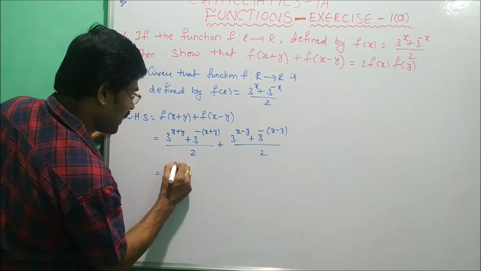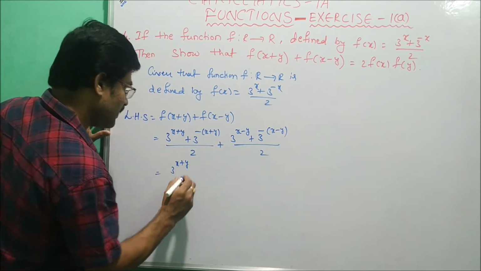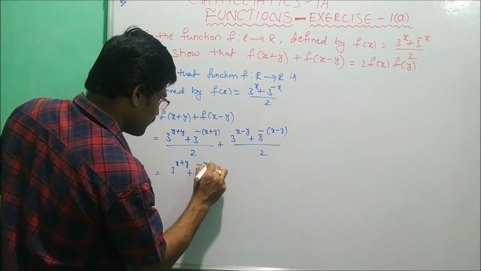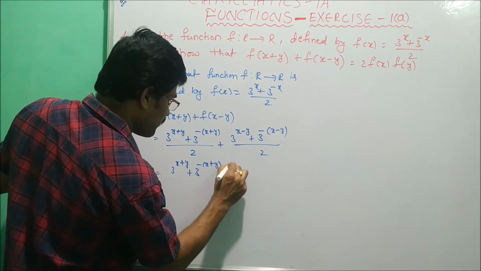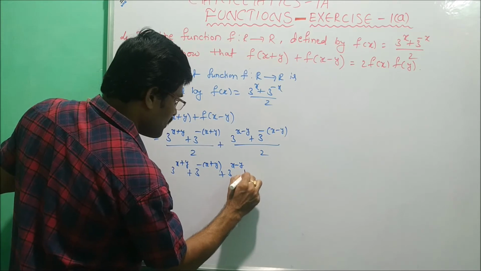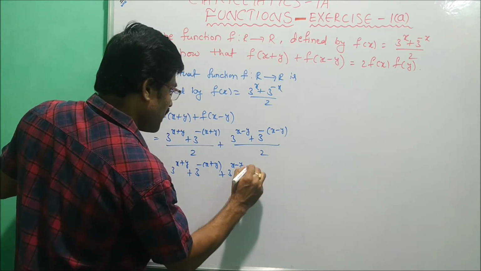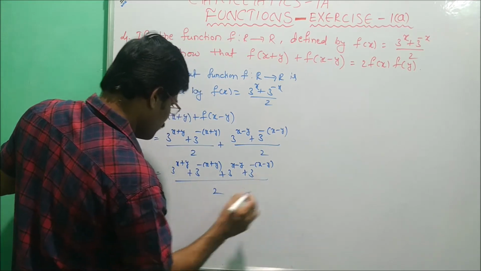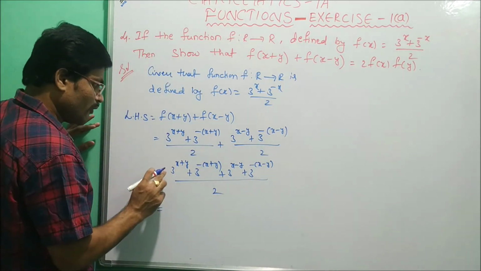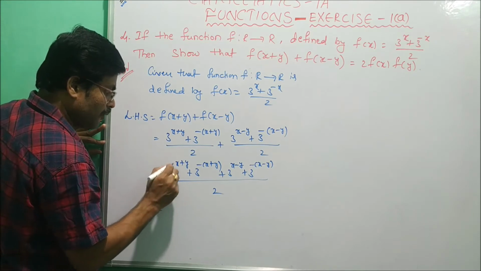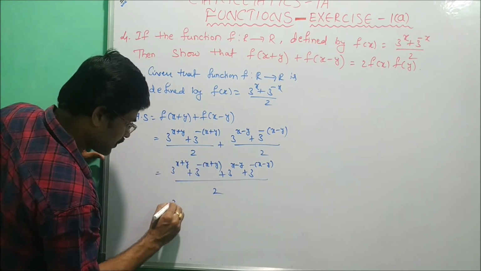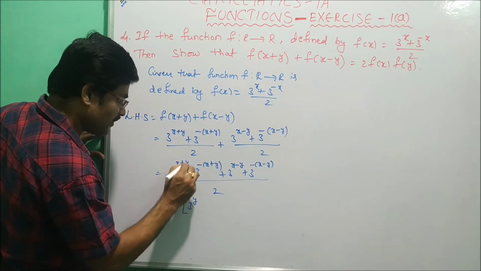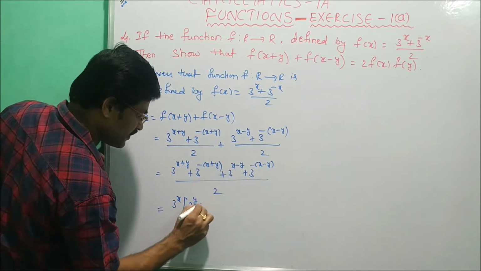So here we write (3^(x+y) + 3^(-(x+y)) + 3^(x-y) + 3^(-(x-y)))/2. Now we take common 3^x from the first and third terms; the remaining values are 3^y and 3^(-y).